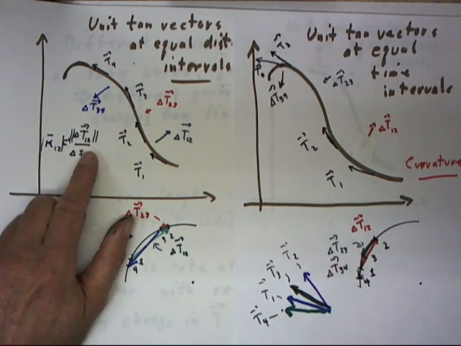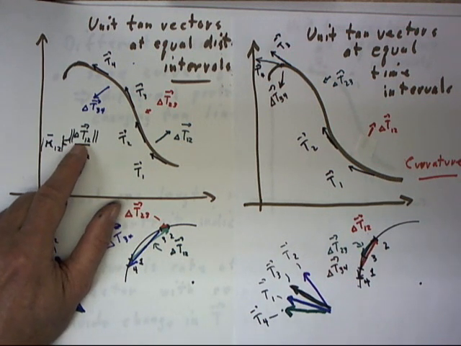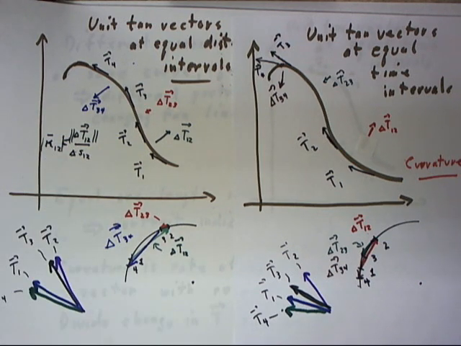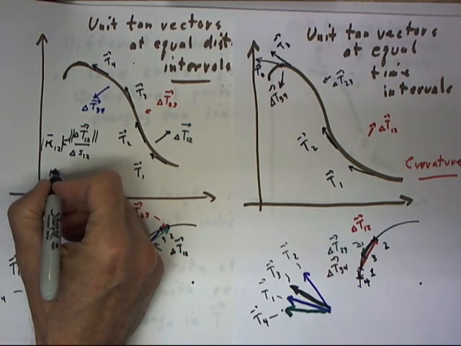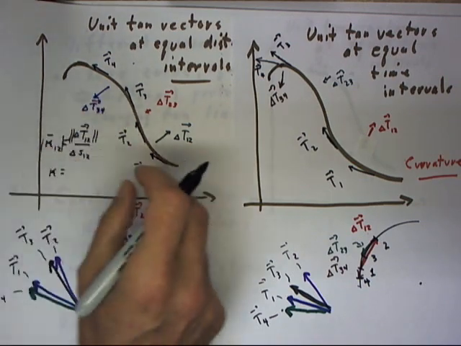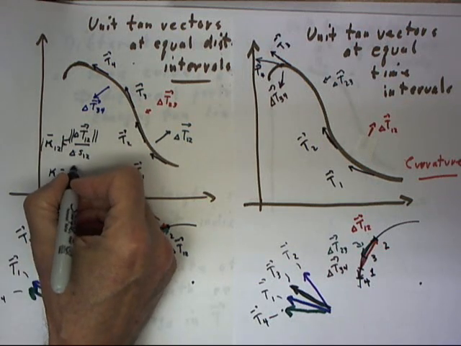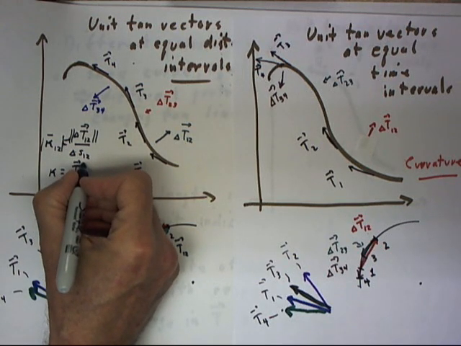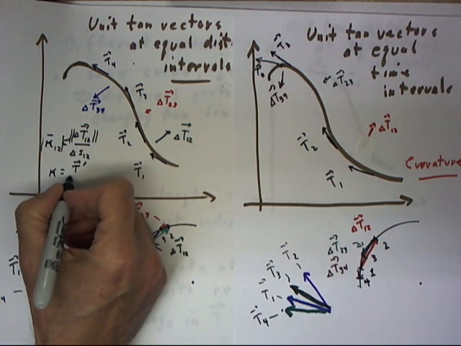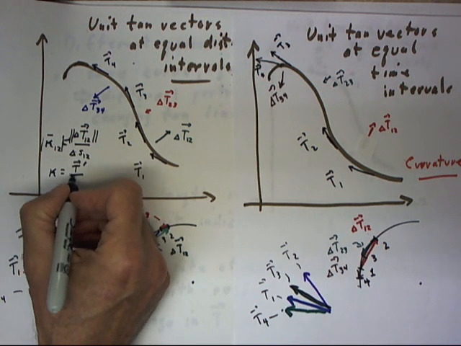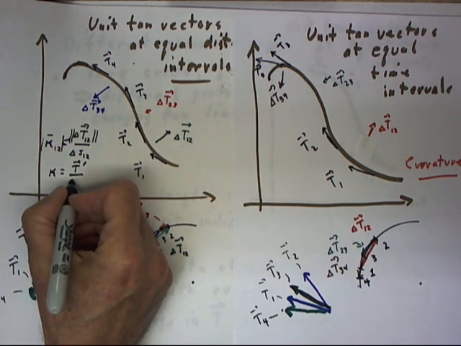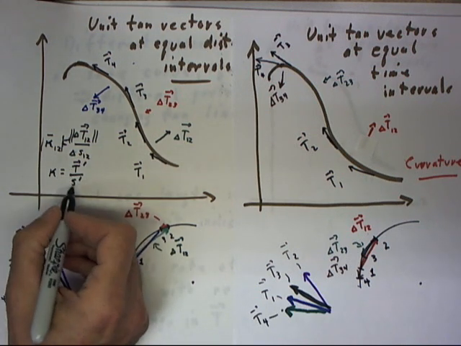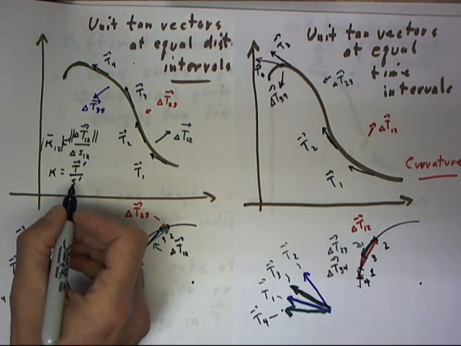So when we define the average curvature, we're going to define it to be the change in the unit tangent vector divided by the distance. And it's not hard to see that in the limit as delta t goes to 0, that's going to be what? The derivative of our unit tangent vector. Well, I'm going to write it this way then. Derivative of the unit tangent vector times the rate at which our position is changing.